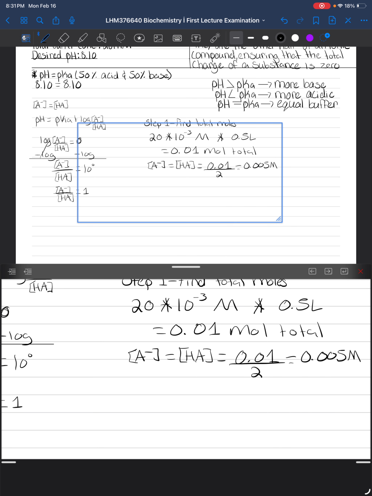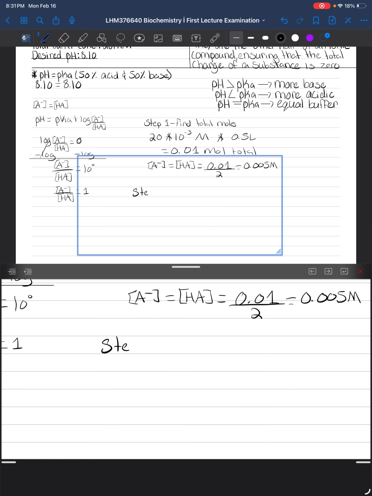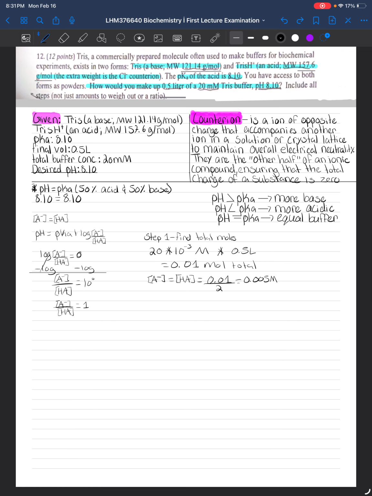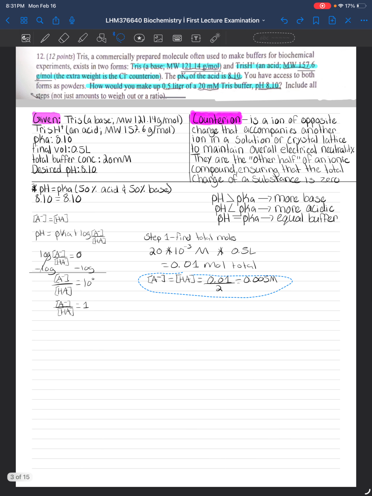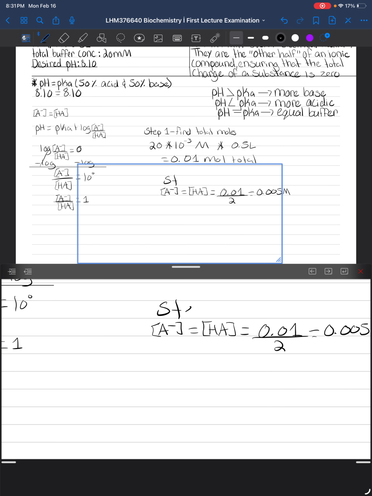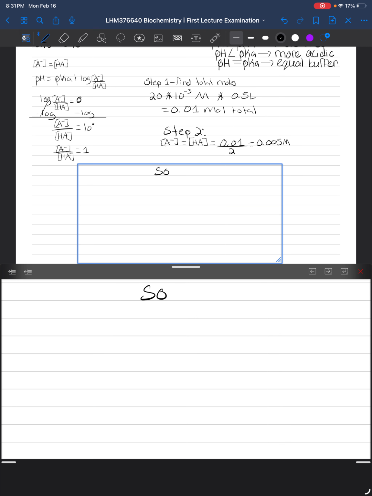Alright, so this was step 2. Sorry guys, I'm going to label it so we don't get confused. And step 3.